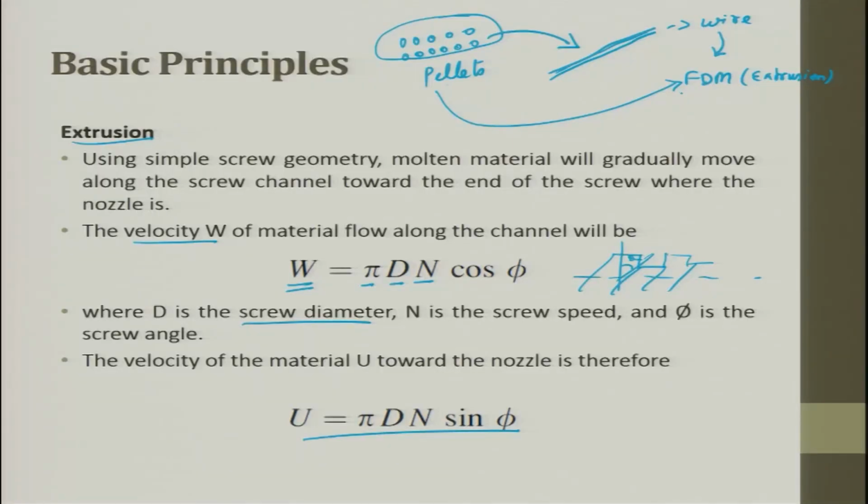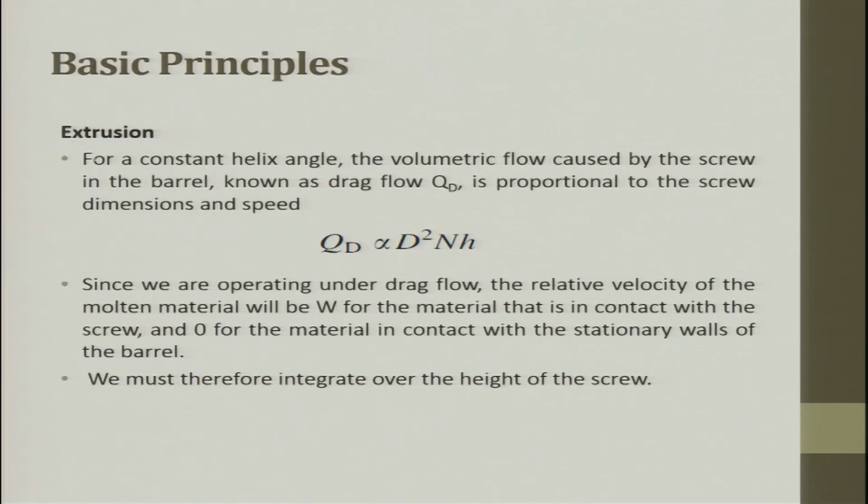Because to improve the resolution of the FDM, because if you use a wire, there is always a restriction in the feature resolution. So for the extrusion, for a constant helical angle, the volumetric flow caused by the screw in the barrel, known as the drag flow QD, is proportional to the screw dimension and the speed. So constant helical angle drag flow.